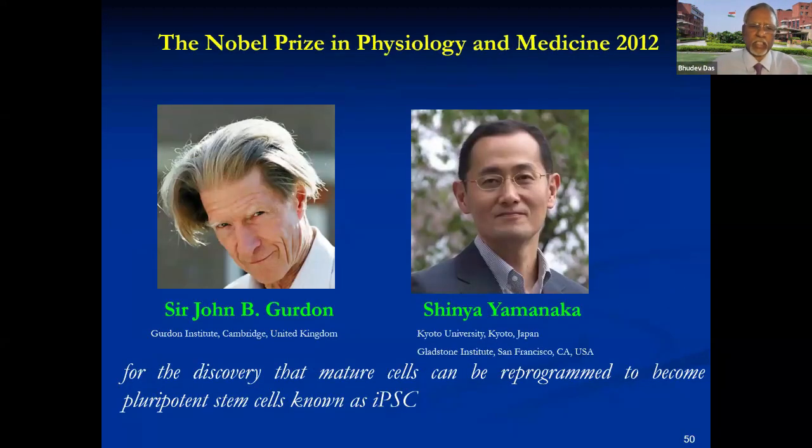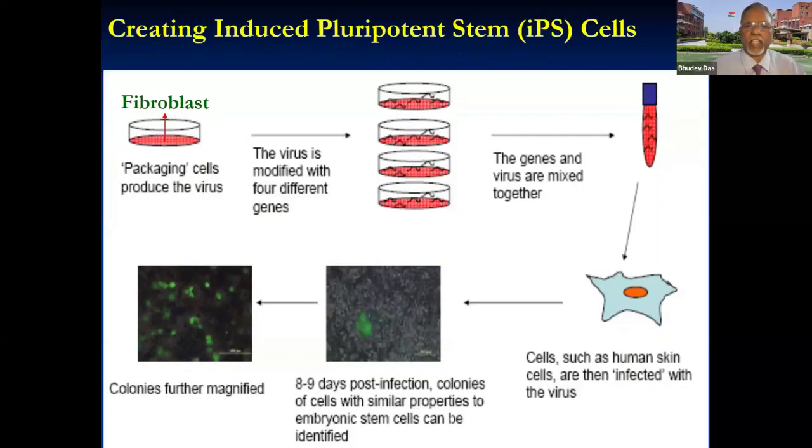That is the beauty. These are the two persons, Gurdon and Yamanaka, in 2012. They got the Nobel Prize for physiology and medicine. They discovered the iPSC, induced pluripotent stem cells.